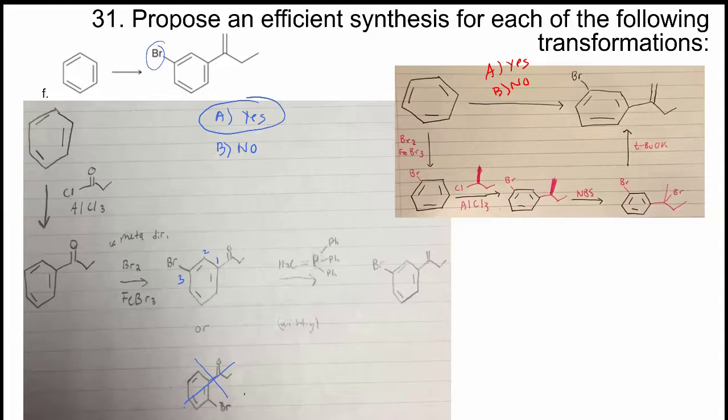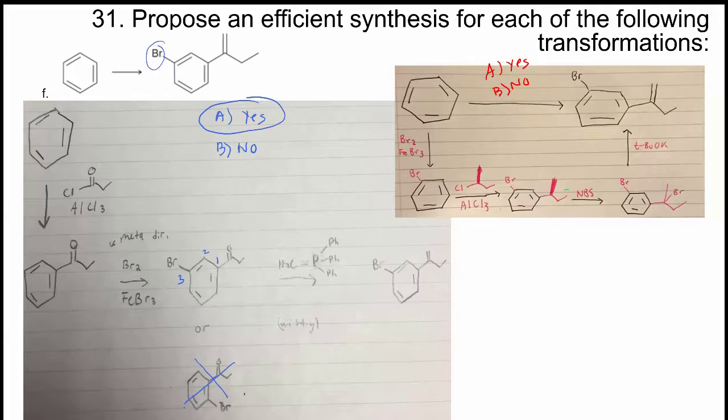Let's see which part of it doesn't work. If we have Br2, that step works fine. And then they're going to do a Friedel-Crafts followed by NBS and then t-butoxide.